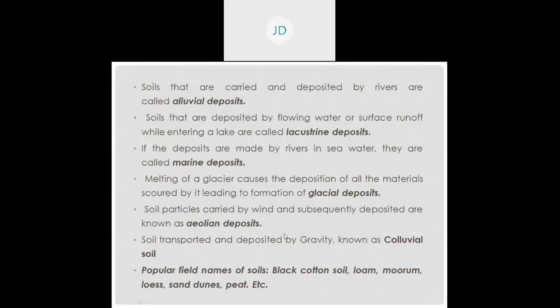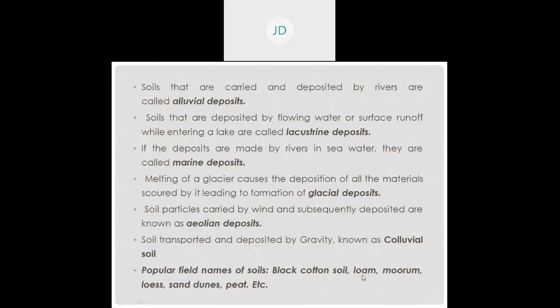In coming classes, we're going to discuss different types of soil based on size. The smaller size particles are known differently, and with gradually increasing size we have different categories: silty soil, clay soil, sandy soil, then gravel, pebble, and boulder. We'll discuss these in coming classes, but till now just hear these terms.